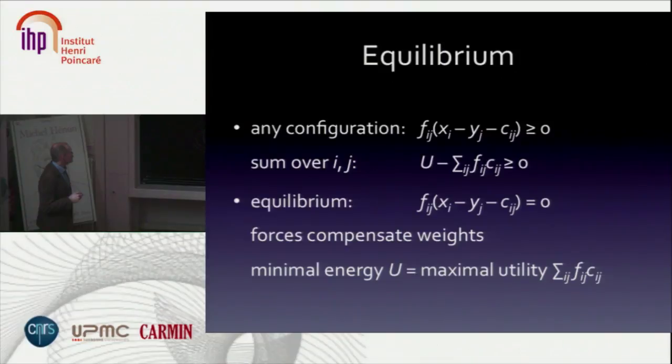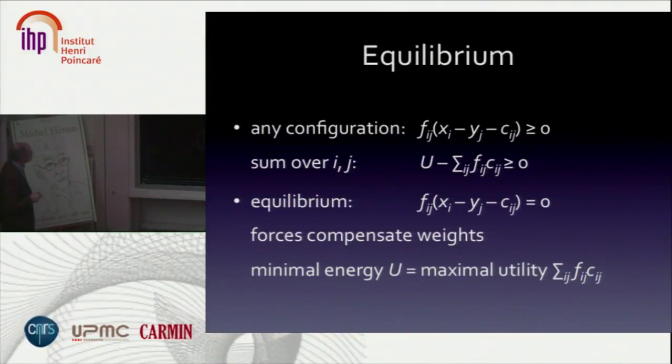either a pair of bars is not in contact, then the corresponding force is 0, or if they are in contact, then this expression is precisely 0 because the vertical separation is precisely given by the height of the corresponding stud.